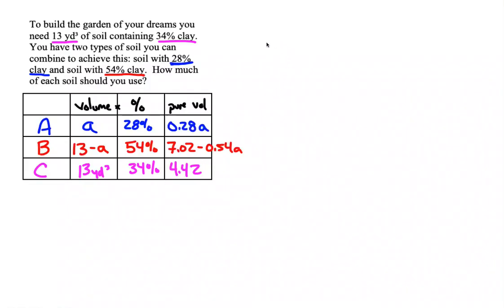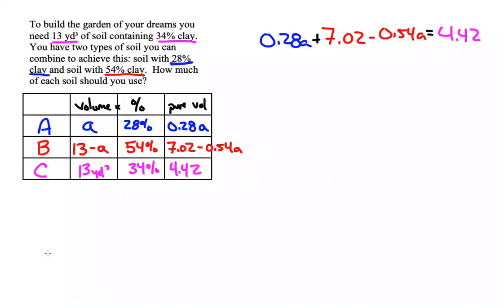So in other words, 0.28A, if I add that to the amount of clay I have in B, which would be 7.02 minus 0.54A, if I add those two together, that's going to equal the amount of pure clay I want right here, which of course is 4.42.